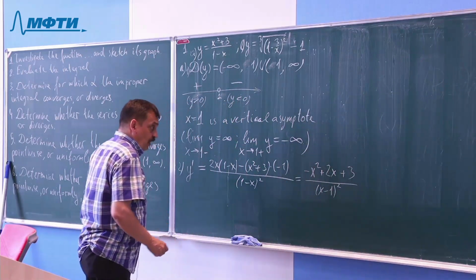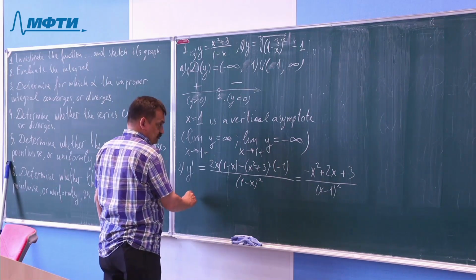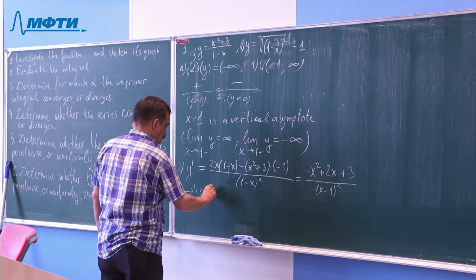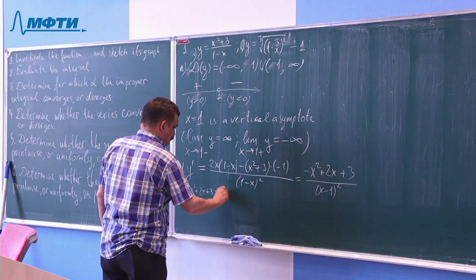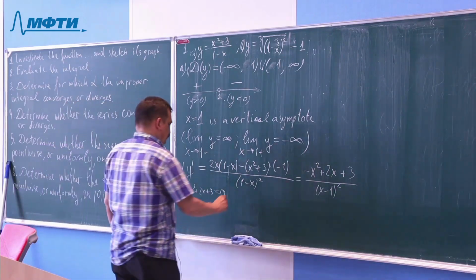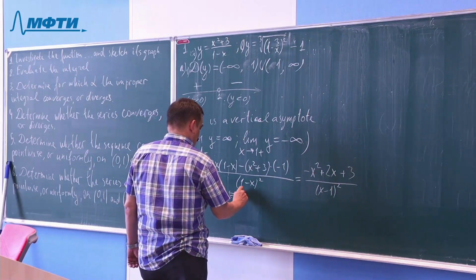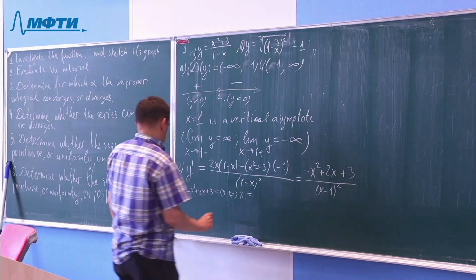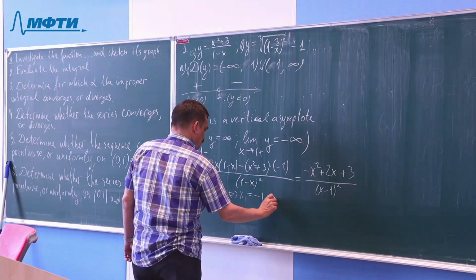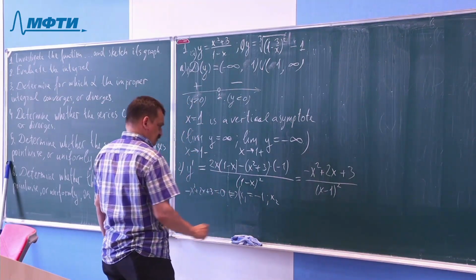So y prime equals 0 means minus x squared plus 2x plus 3 equals 0. We need to solve this equation, and it's equivalent to say that x1 is minus 1, one solution, and x2 is 3, right?